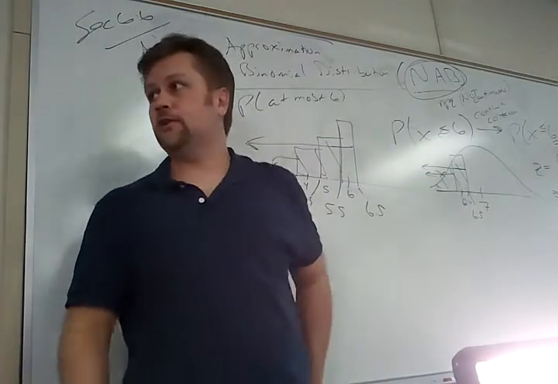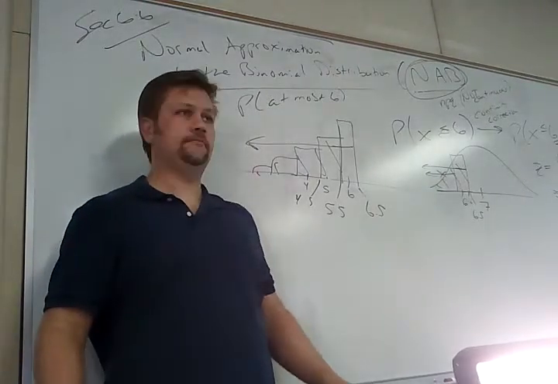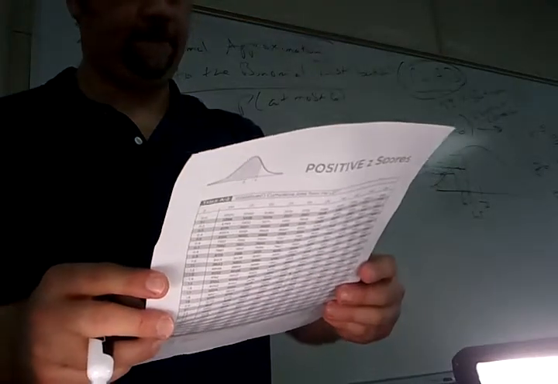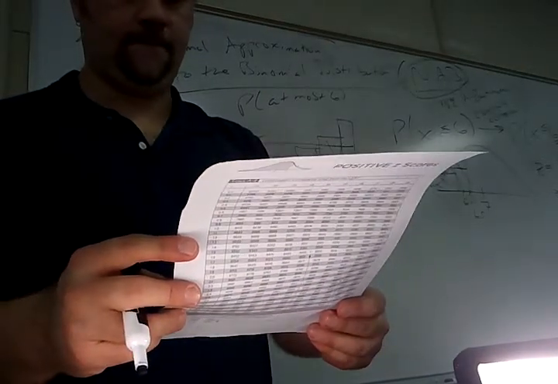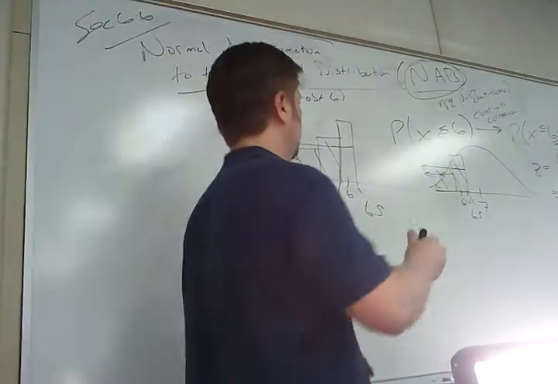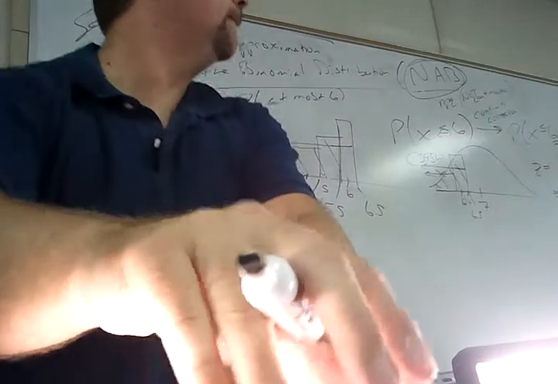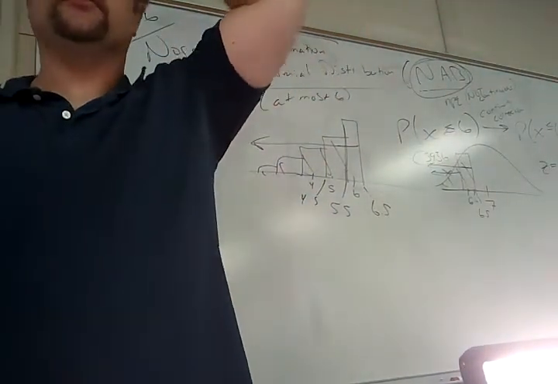What do you get when you look that up in the chart? Negative 0.27. 0.3936. And it was supposed to be what? 0.3946. Are we close?